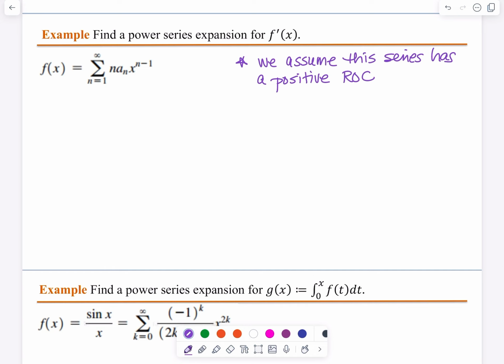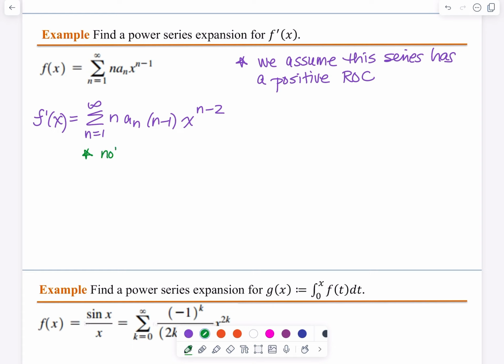So we have f prime of x is equal to the sum n equal 1 to infinity. And we have our n there already multiplied by, whoops, can't forget about a sub n. A sub n multiplied by n minus 1 power rule x to the n minus 2. Now I want to make note of something.